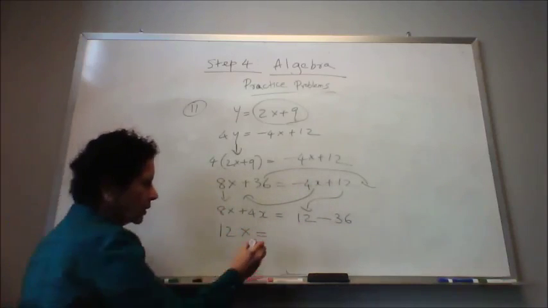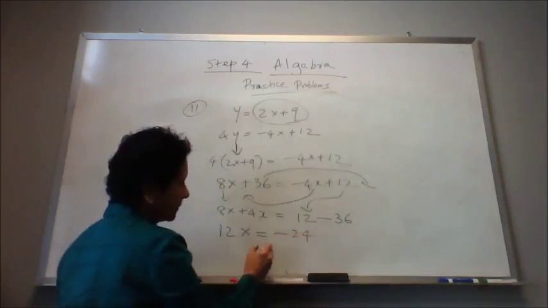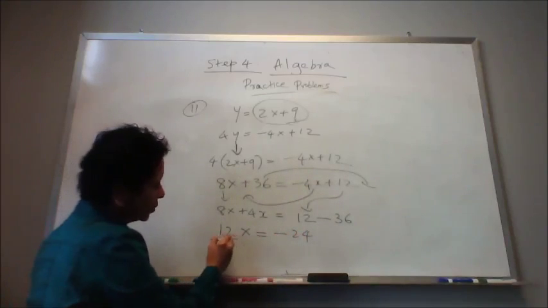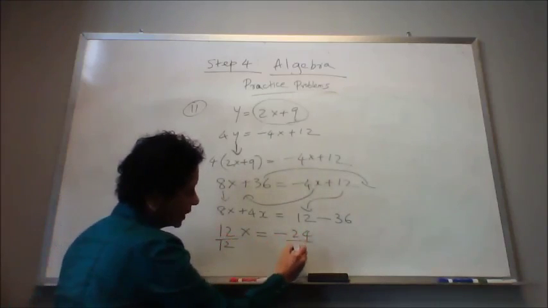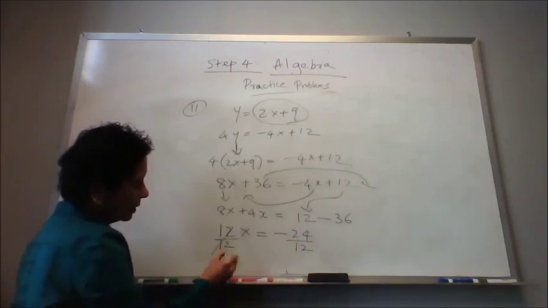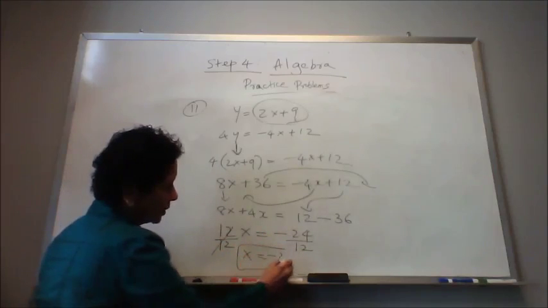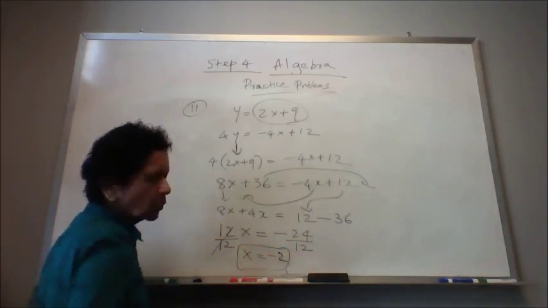Can do it in the calculator, it's minus 24. So then I don't want this 12. To get rid of that, I divide both sides by 12, right? So this is gone. So x equals, so this is minus 2. So I've got x equals minus 2.